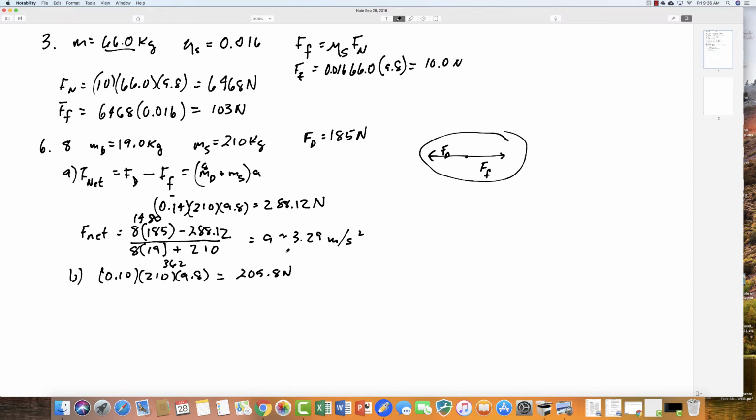And then the problem is exactly the same. You have 8 times 185 minus, now instead of this number, 205.8, and you divide that by 362, which is the total mass, and the new acceleration is going to equal 3.52 meters per second squared. So that's the new acceleration.